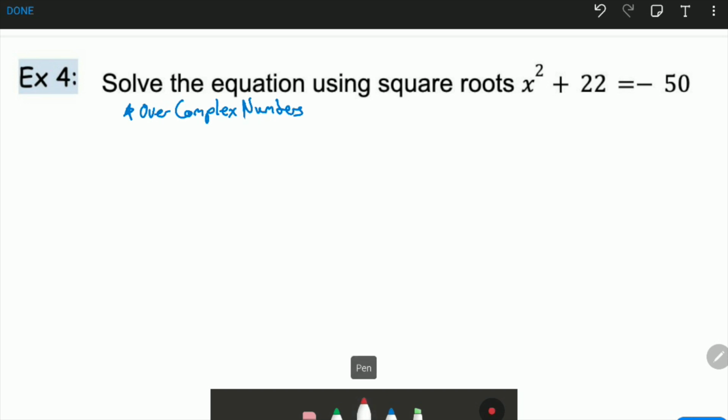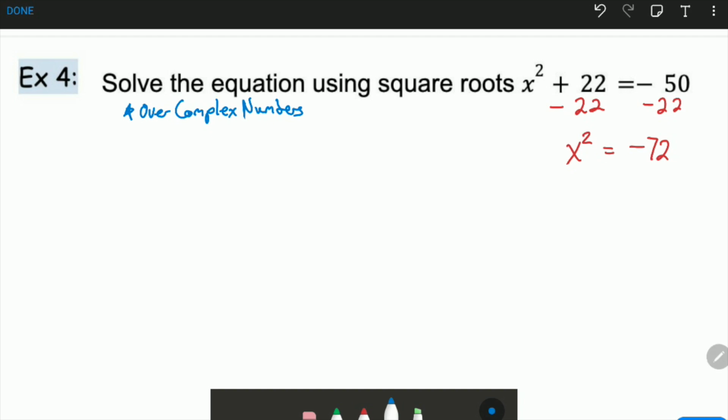So just like normal, we're going to get rid of any addition and subtraction here. We are adding 22, so to get rid of it, we'll subtract 22, giving us x squared equals -72.